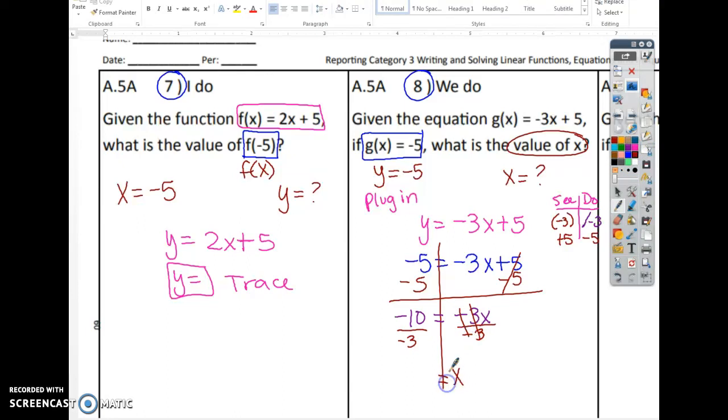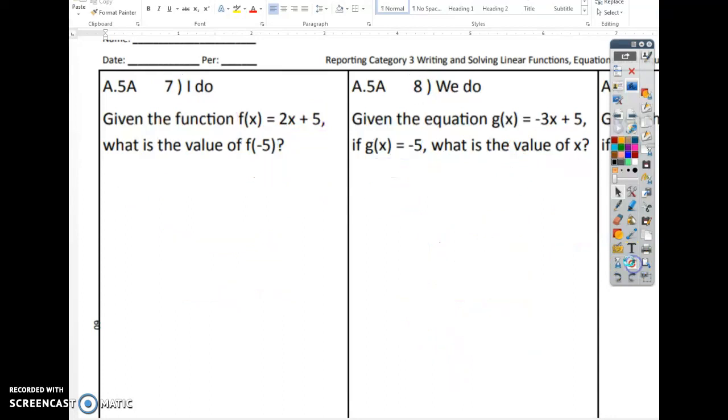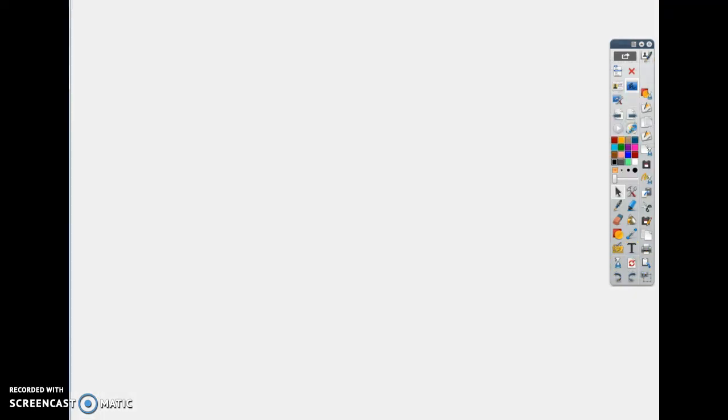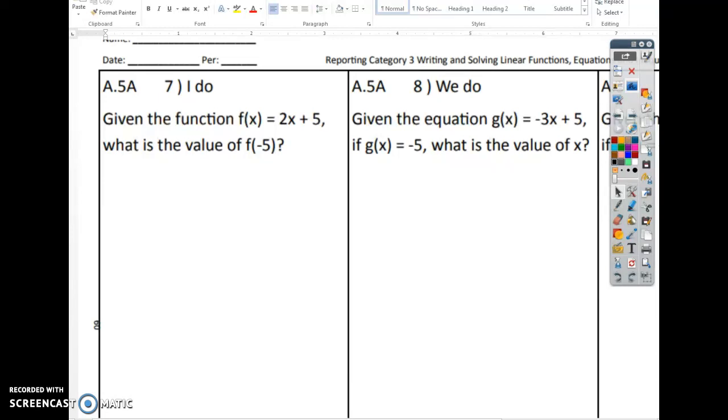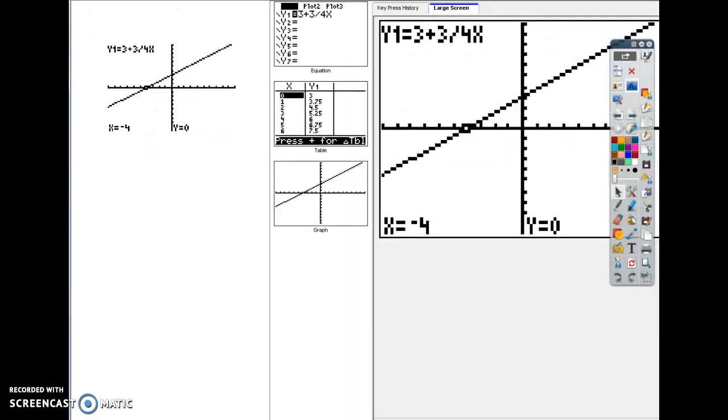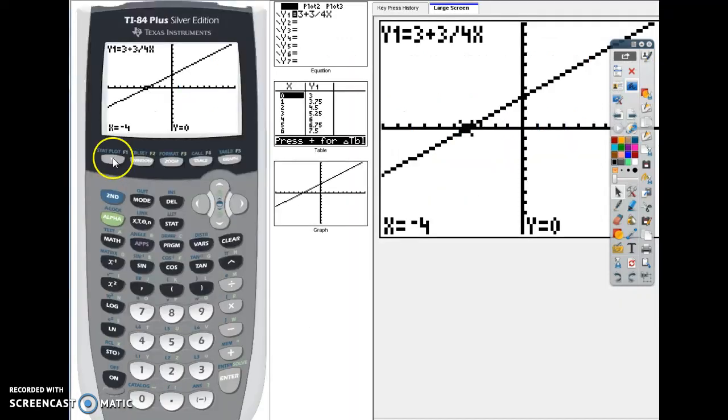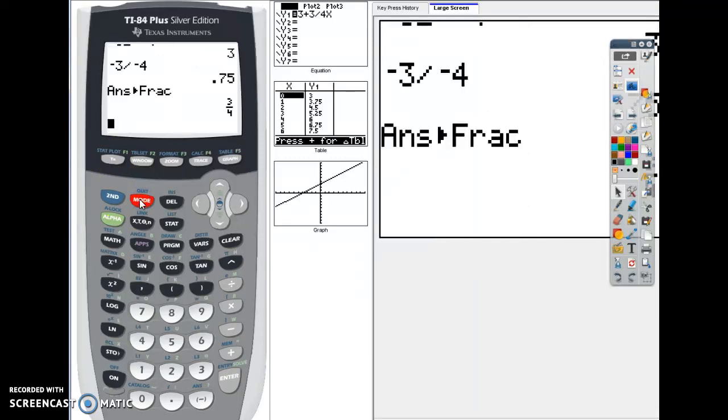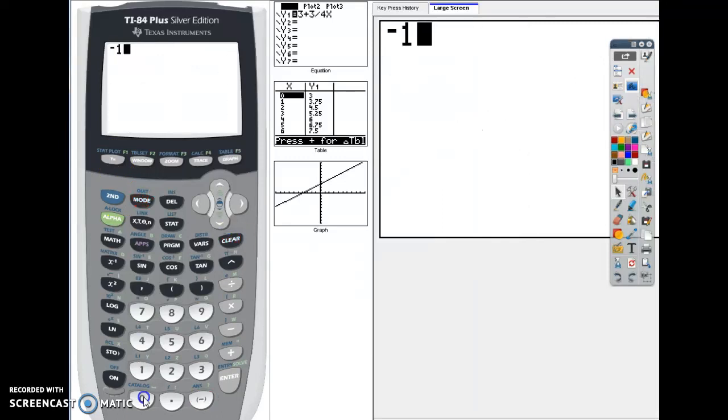X equals, put this in the calculator. Okay, if you get a decimal, do math, enter, and see what that gives you. So on the calculator, we're going to put -10 divided by -3, enter.